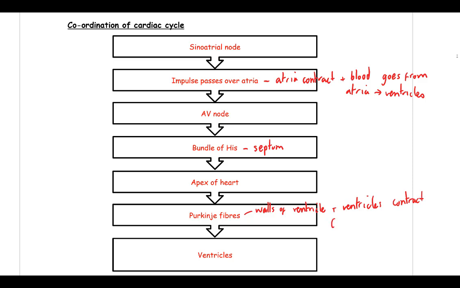At that point, when the ventricles start to contract, the AV valves close as well. So when it passes over the ventricles, the ventricles contract, and that's the end of the cycle.